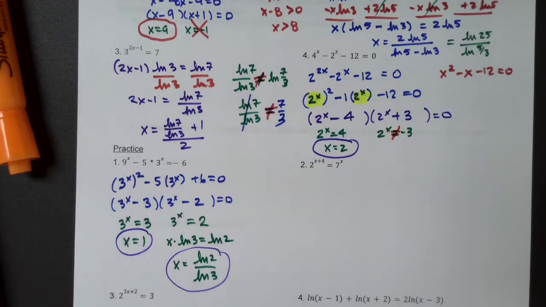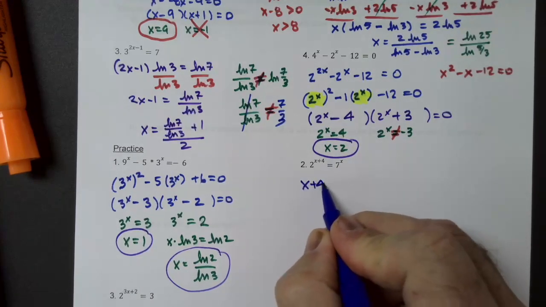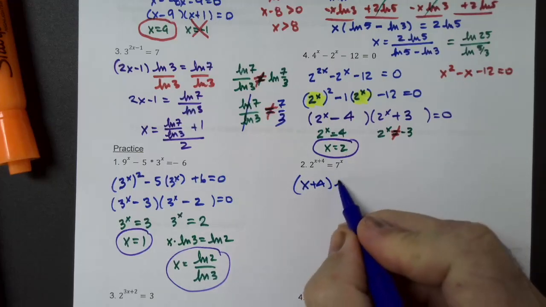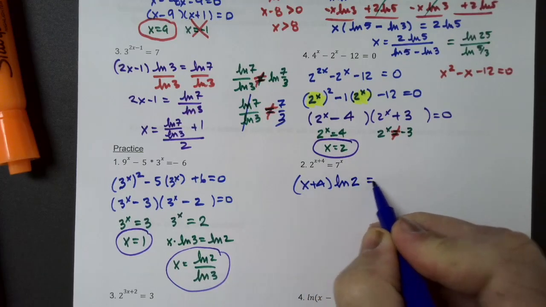All right, let's take a look at number 2. And we'll get a little bit of involvement here. Carter, when we take the natural log of both sides, what will we have on the left side? X plus 4, natural log of 2. X plus 4, that quantity times the natural log of 2. Good job.